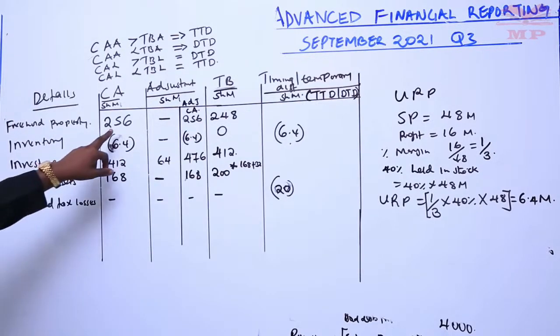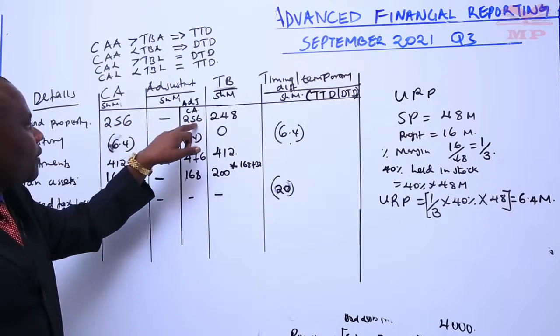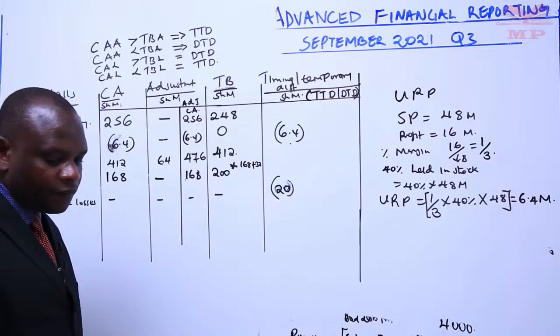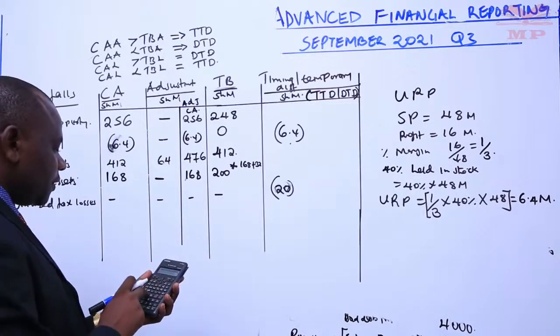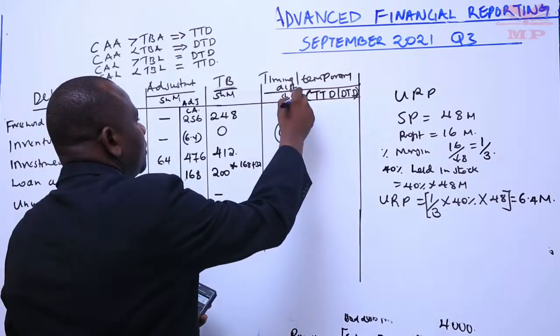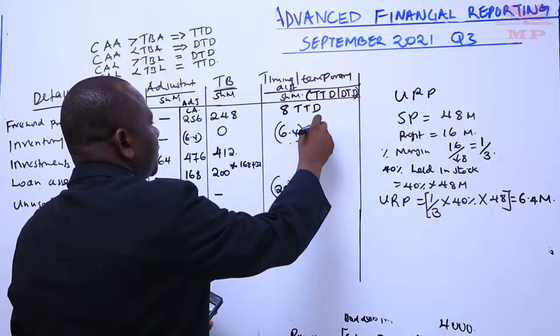So 256 is the carrying amount of the asset. Okay, we have here 256, there was no adjustment. So minus 248, we're going to have 8 as taxable temporary difference. This is a deductible temporary difference.